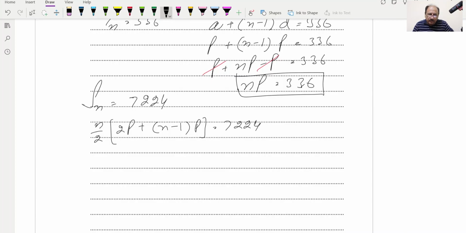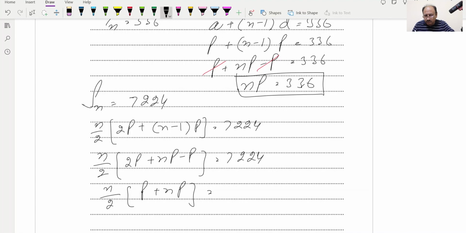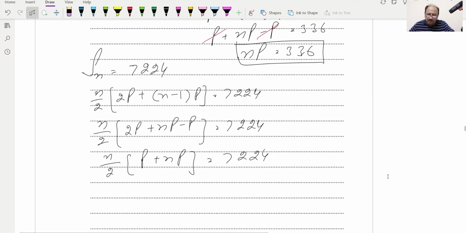Now we can open the brackets, so it will be n by 2 and this will be 2p plus np minus p is equal to 7224. Now we can rewrite it as n by 2, and this will be 2p minus p will be p, plus np, and this will be equal to 7224. Hopefully you are understanding.